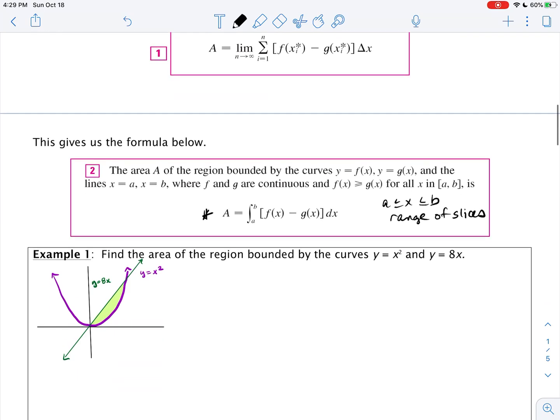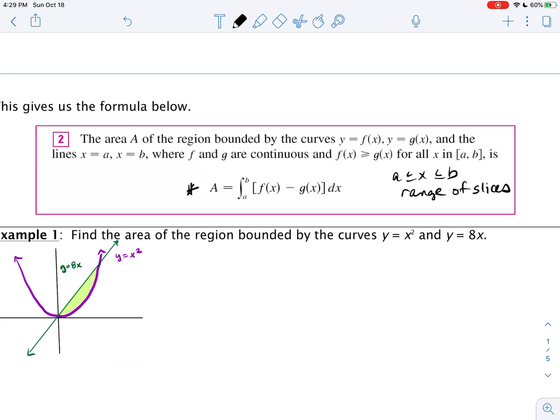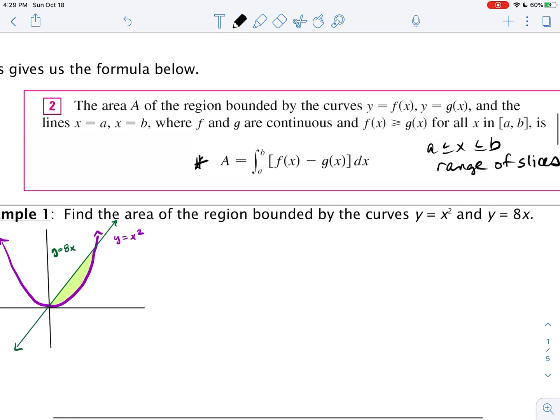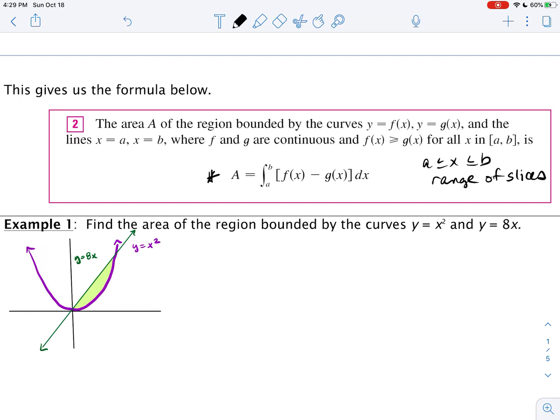All right, so when we are given the A and the B, everything is fine, but sometimes we're not given the A and B range. So if we're only saying find the area of the region bounded by two curves, how do we find the range of our rectangles? Well, we go back to the concept of functions.